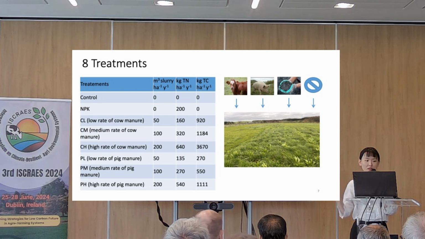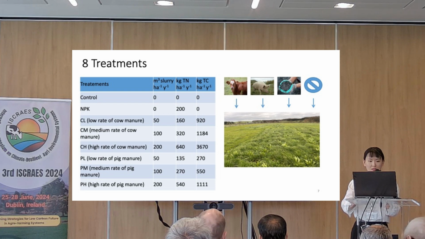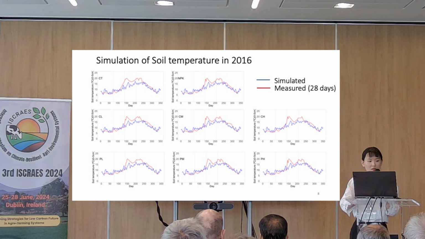So the reality is the N rate or C rate is actually different in different years. We only control the volume. About the nitrogen application rate, for the low rate it's about 200, medium rate is about 300, and high rate is about 600.